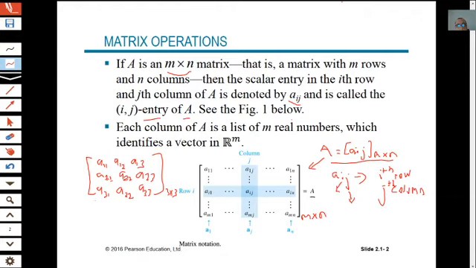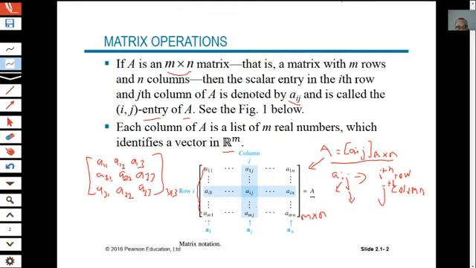So each column of a matrix A is a list of m real numbers, which identifies a vector in Rm. In Rm we have m components for each column, as you can see. Generally, for the general statement of the matrix A, we have m components, which means that each column identifies a vector in Rm, since we have m entries in each column for the given matrix.